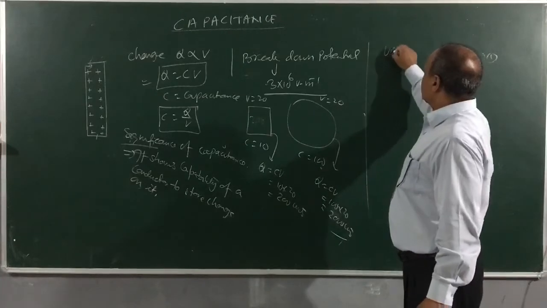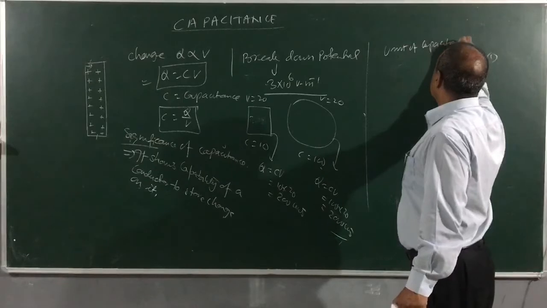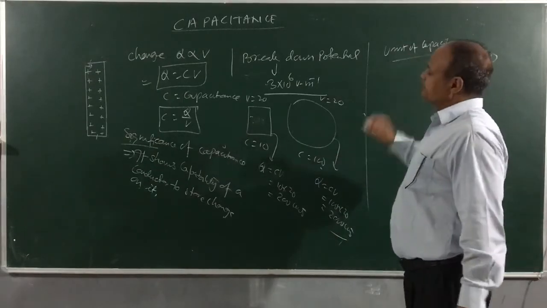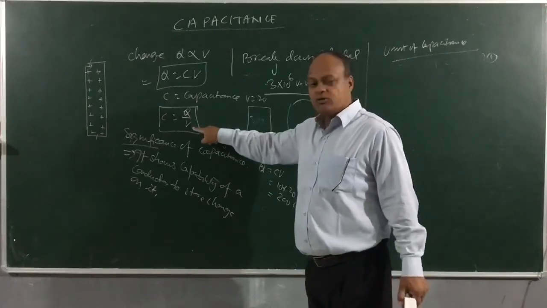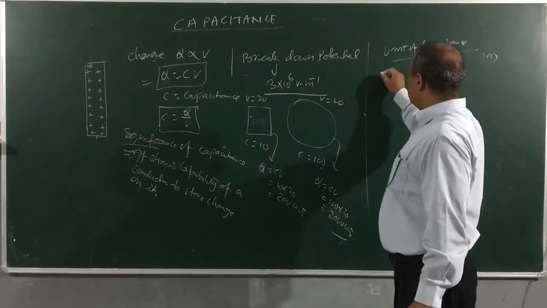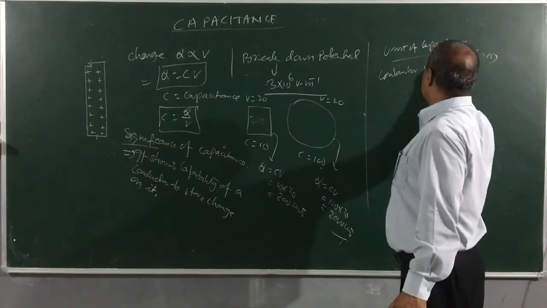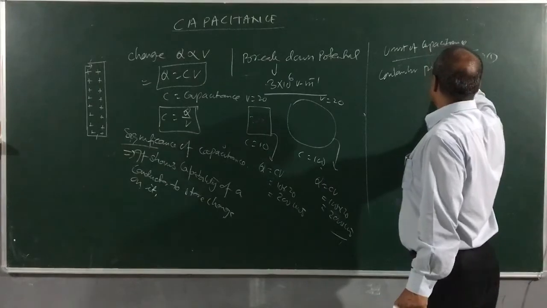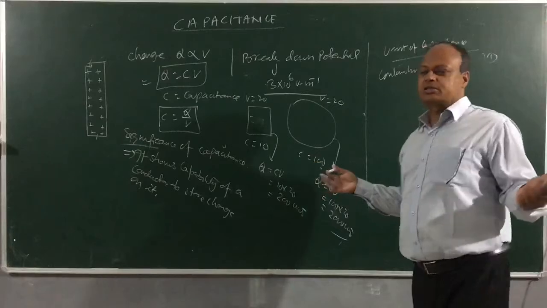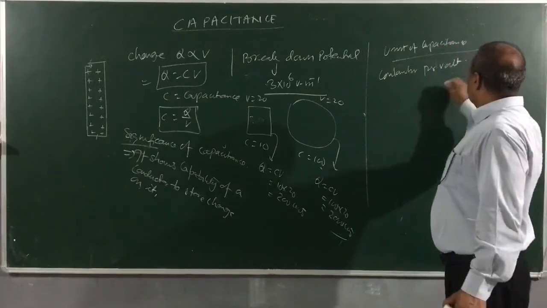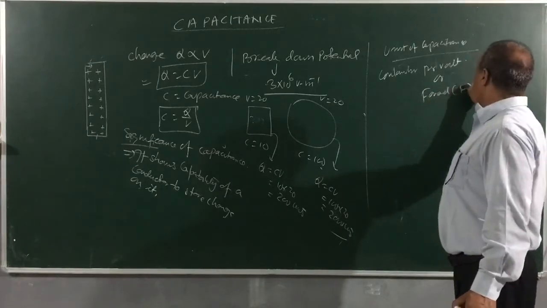So what is unit of capacitance? Children, unit of charge is coulomb, and V is what? Volt. So inside unit system, unit is coulomb per volt. But coulomb per volt is a large unit. We call it farad, and we denote it by what?